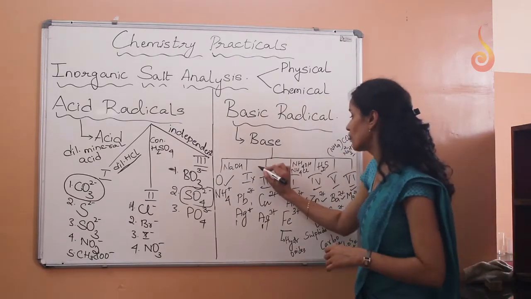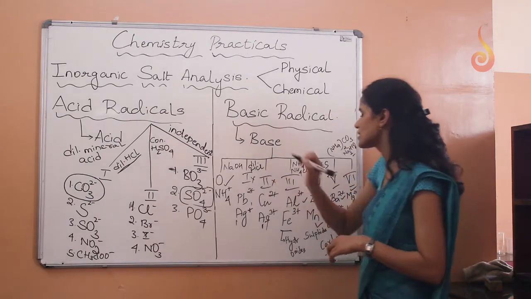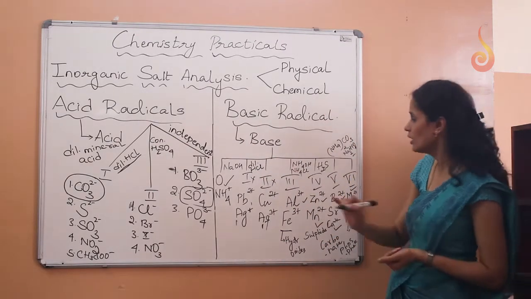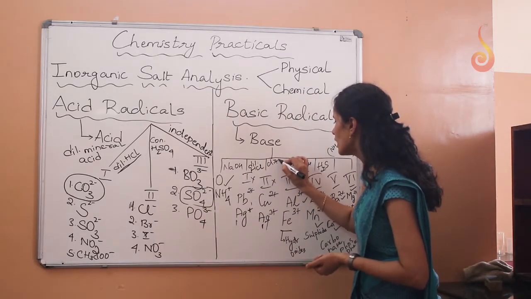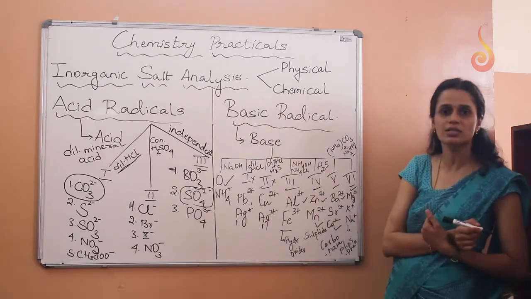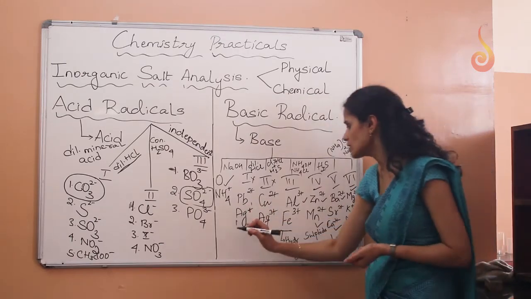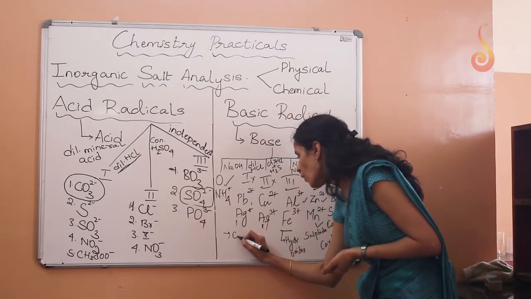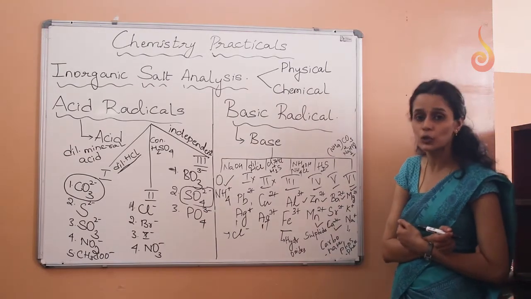Now, in the case of the first group, we always use dilute HCl as a group reagent, and for the second group, we use dilute HCl, and along with that, we also use hydrogen sulfide. So lead and silver always give rise to the formation of chlorides.